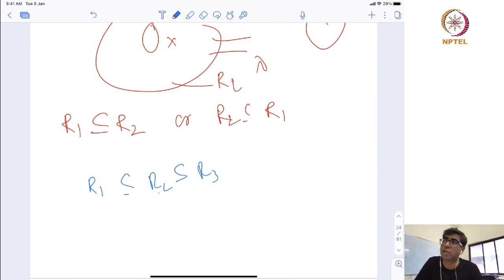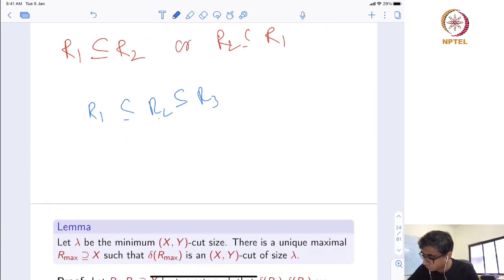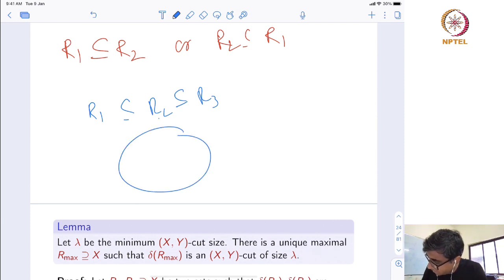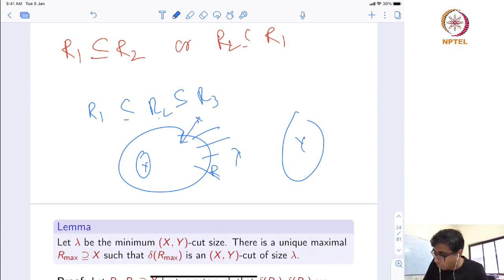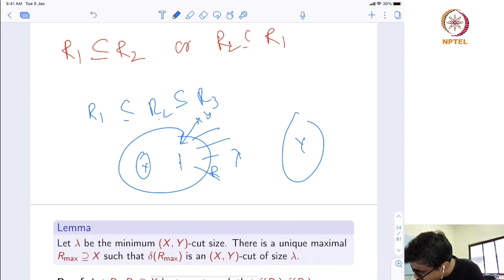So basically, look at this R: it contains x, the number of edges emanating out is lambda, and y is outside. Furthermore, I cannot add any vertex y to R without increasing the cut size between x and y. Then such an R is unique and we will call that R max.